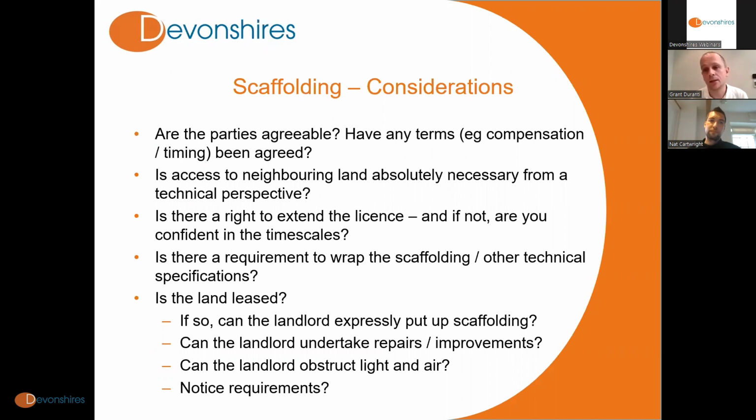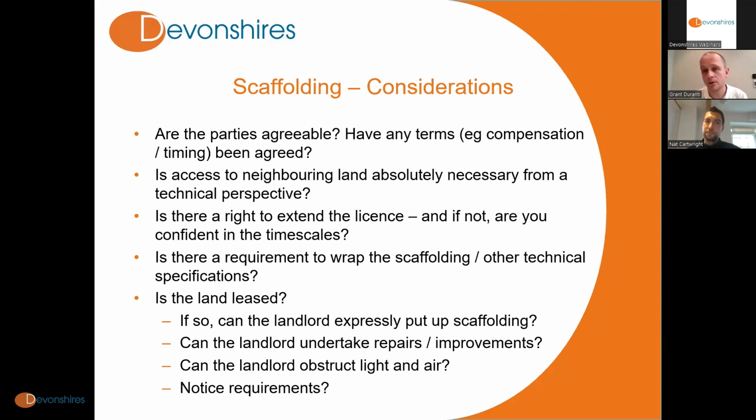And in considering and agreeing that timescale, you'll need to be confident that you've got enough time to access the land, put the scaffolding up, do whatever you need to do with the scaffolding, and take it down and remove it all within the time period which has been agreed. If you're not confident in that, then we would suggest certainly opening discussions about a right to extend built into the licence.